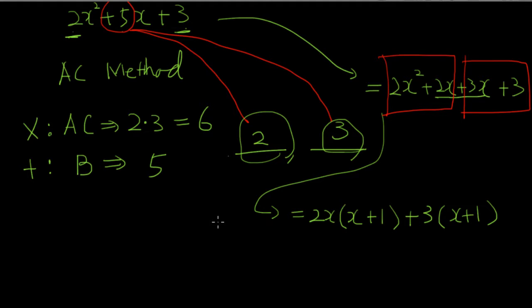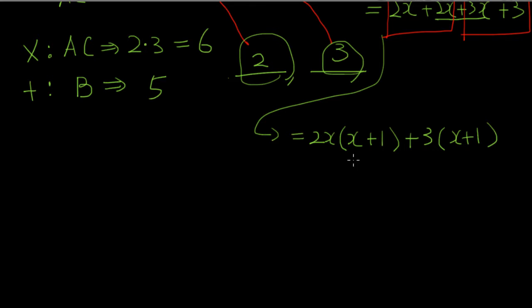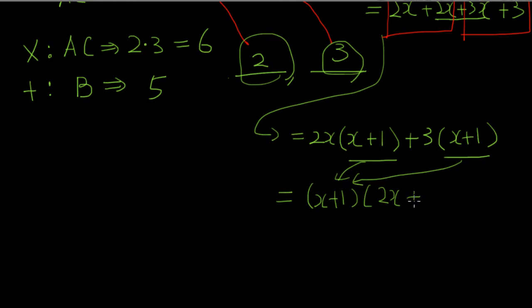All right. Then what do we have in common here? We have this and this in common. So why don't we factor that? x plus 1. When we factor this here and here, what's left behind? 2x plus 3.